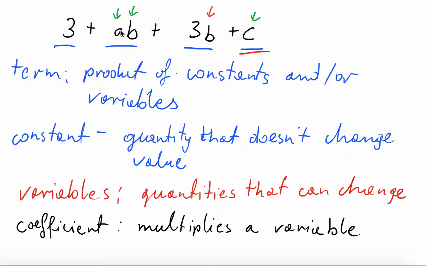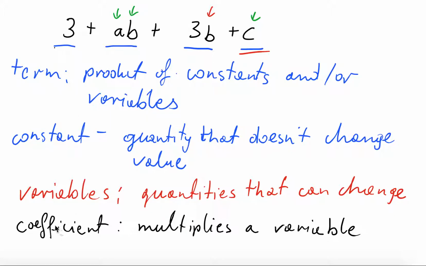Wherever we have a letter in a term, that letter can take any value. In the next video, we're going to look at evaluating expressions, where we're going to be substituting different values for our variables. When that video is uploaded, I'm going to post it in the description.